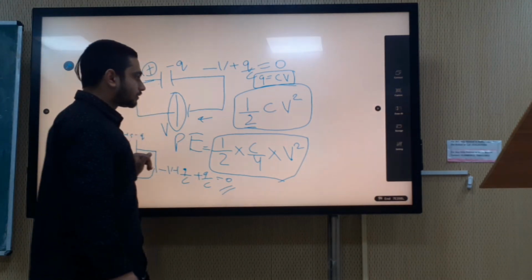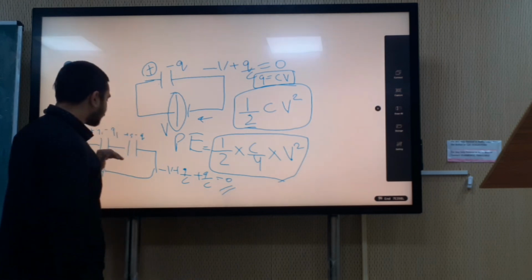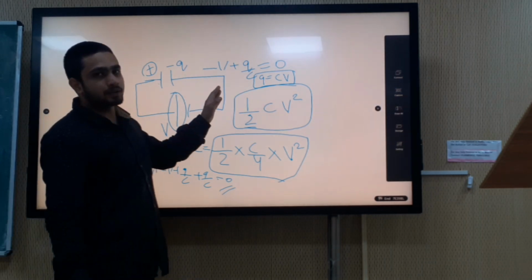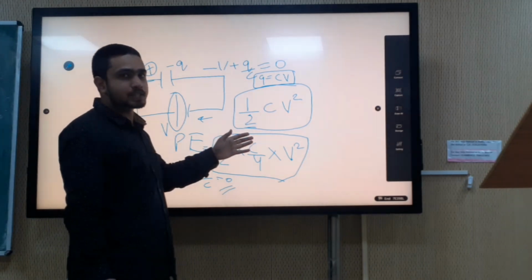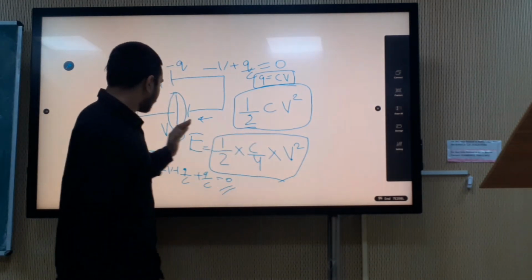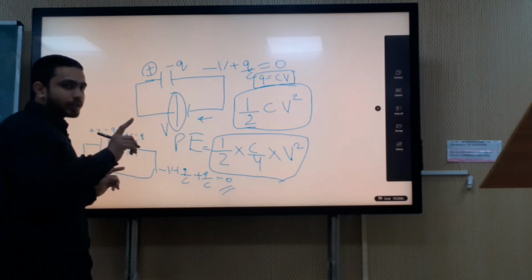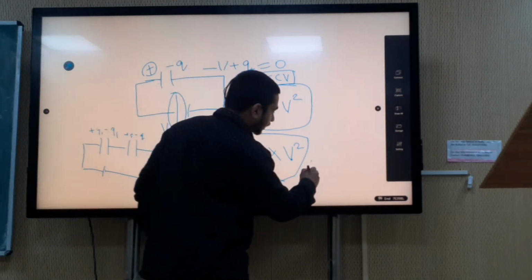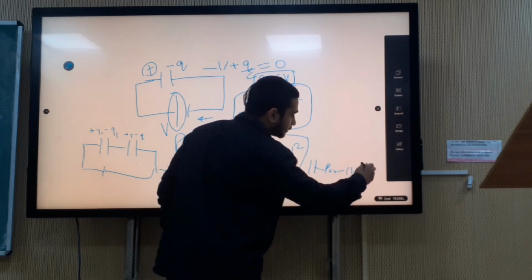This is also an important thing when we are solving the question. In the question we took previously, there were so many capacitors connected in series and parallel. One thing we have to remember: suppose there was one capacitor like this, then a parallel arrangement, then again two capacitors in series.